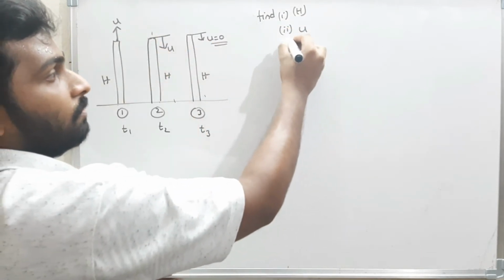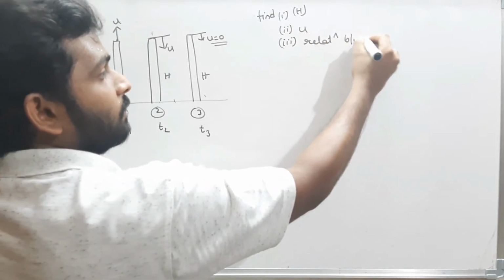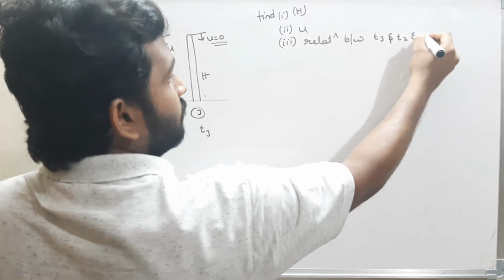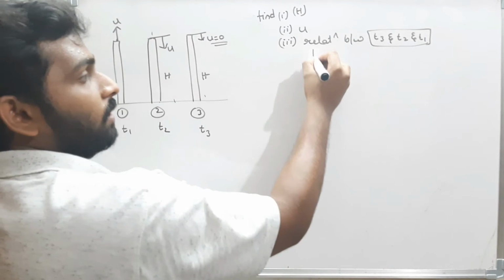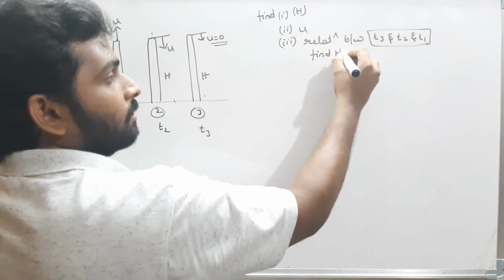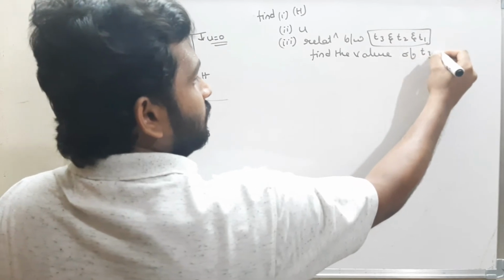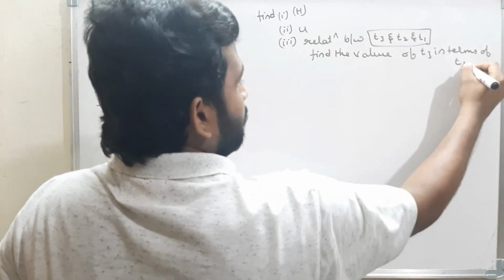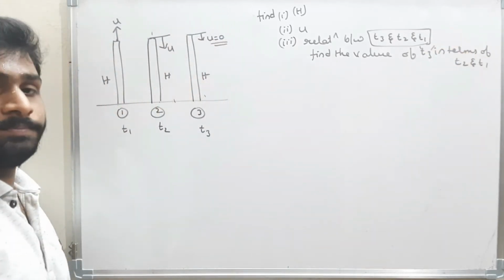And third one, they told to find the relation between t3 and t2 and t1, or simply find the value of t3 in terms of t2 and t1.